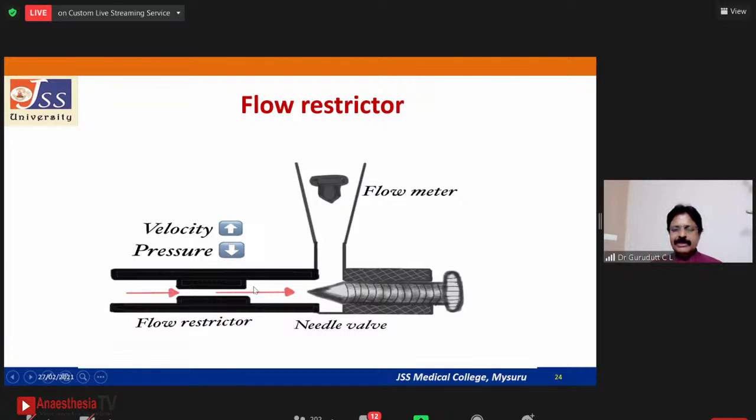So gases at somewhat decreased pressure will be entering into the flow meter in Draeger machines. Even though there is some decrease in the pressure, the flow will not alter much. But definitely there are some advantages and disadvantages with the flow restrictors.